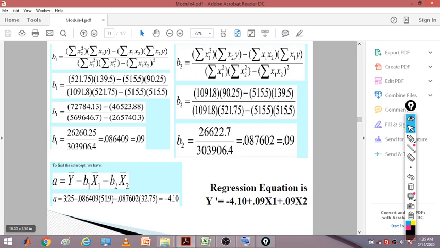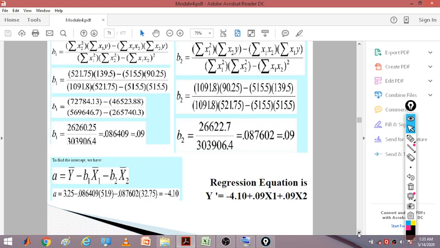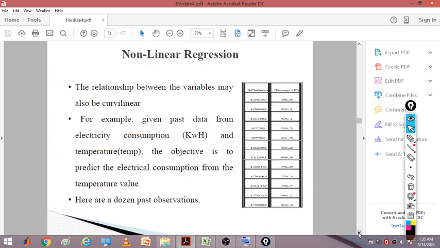Then finally the regression equation can be obtained as b1 x1 plus b2 x2 plus the intercept. If you put in x1 and x2, you get the exact value. So that is what we talked about for linear regression.